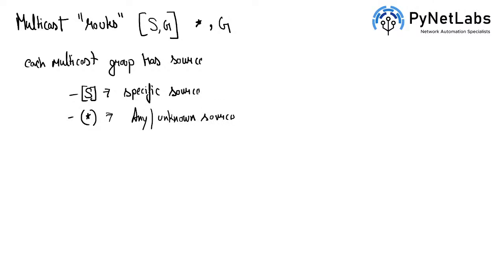Whenever we are doing multicast routing, as I already told you, the table stores the information by multicast groups.